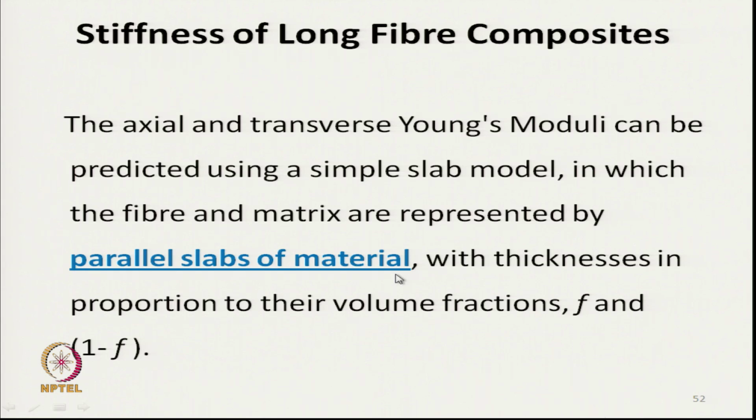It has been assumed that the composite is made of 2 parallel slabs. The lower portion, in green color, is the fiber of volume fraction f, shown by the thickness f, and 1 minus f is the matrix.